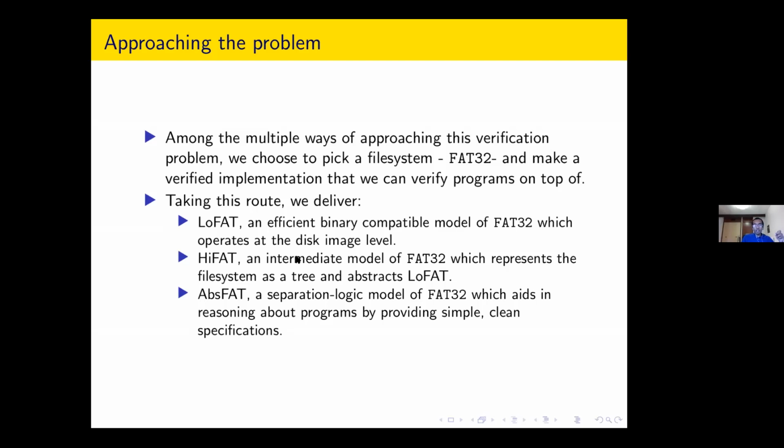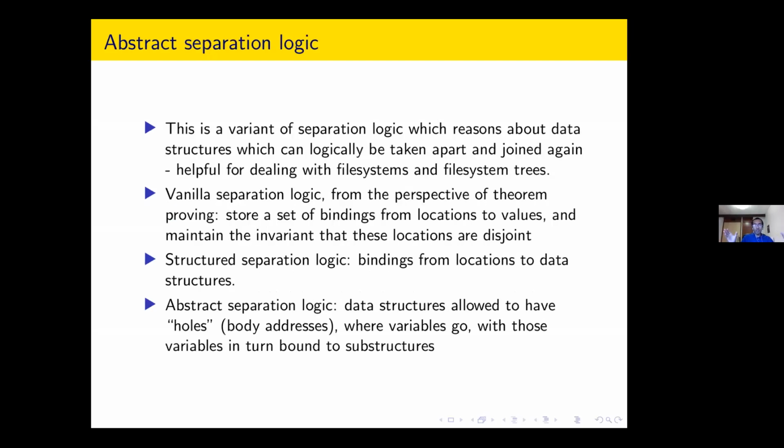And what's more, we have something called AbsFAT, which is a separation logic model of FAT32, which aids in reasoning about programs by representing system calls in terms of separation logic, and hopefully providing simple and clean specifications of these system calls.